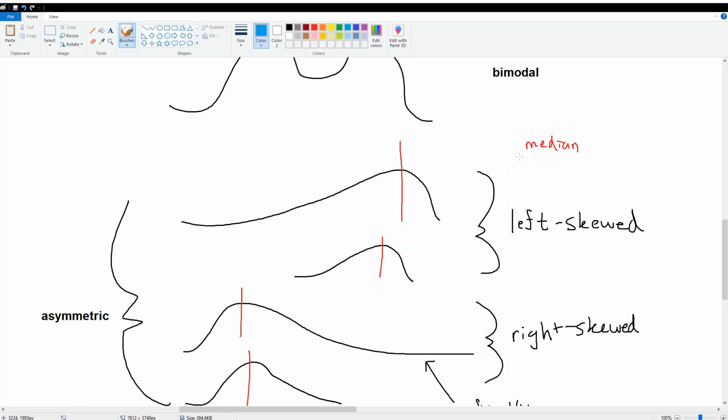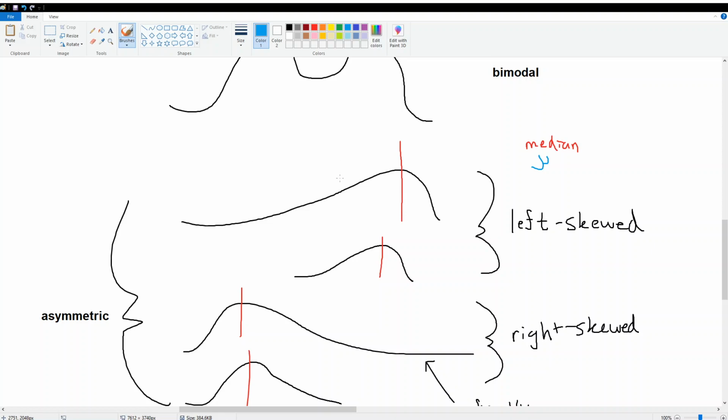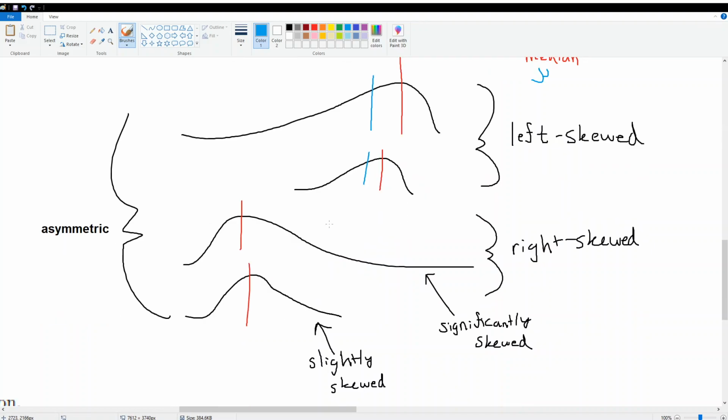So I'll switch to blue to denote the mean. If our tail is skewed to the left, our mean is going to be lower than the median, because now those outliers can significantly impact it, and the similar idea occurs if we're skewed in the other direction.